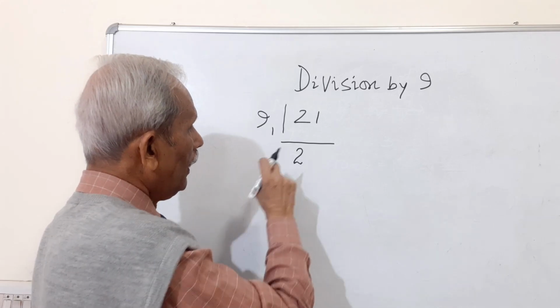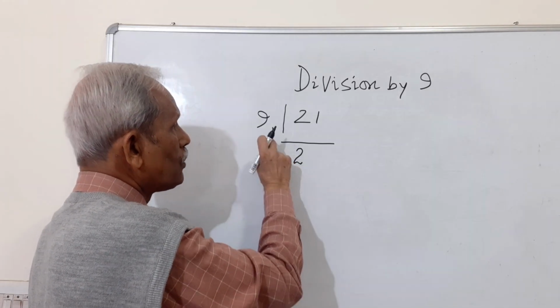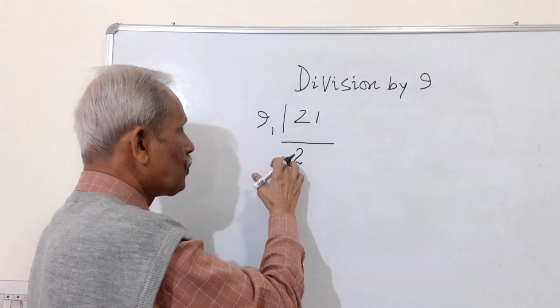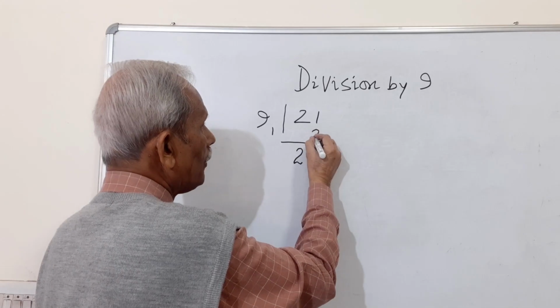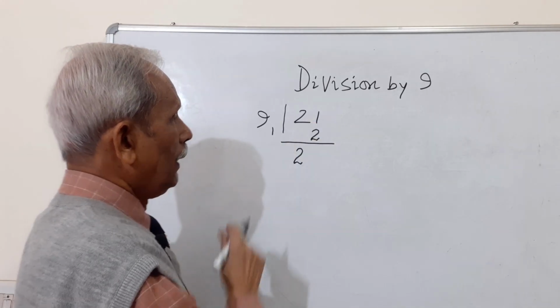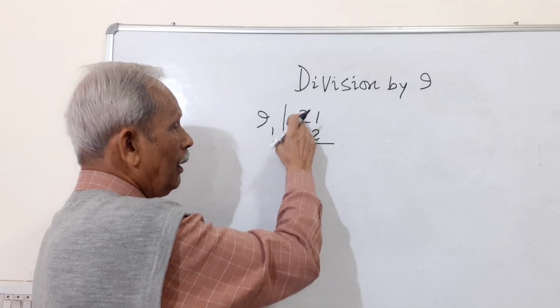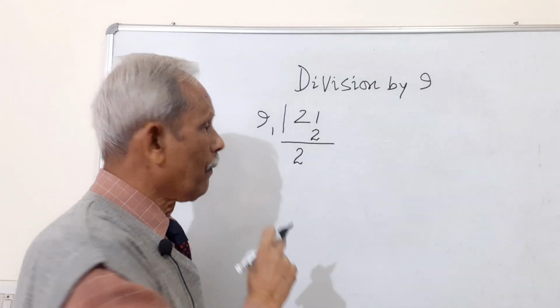Now, see this process very carefully. Multiply this 2 with this 1, which is always the same number. Multiply 2 with 1, you get 2, and write down this 2 here. Let me recapitulate what I have done. First, I have taken the complement of 9, which is 1.